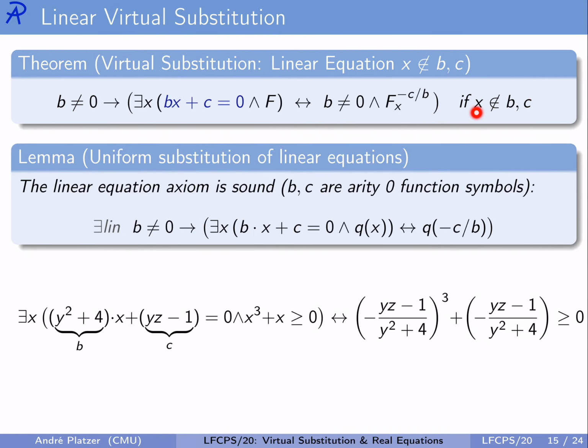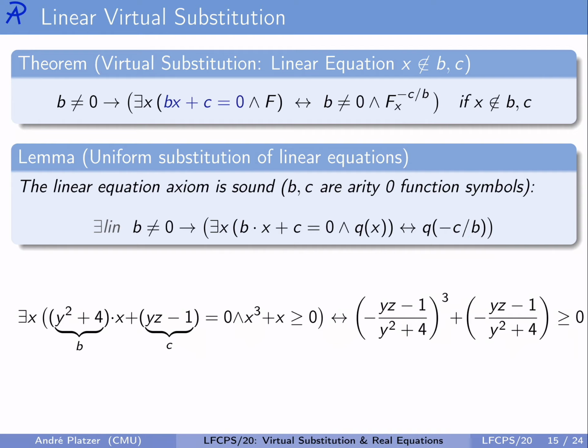The condition that the variable x that we're quantifier eliminating doesn't occur in b and c is, of course, an annoying side condition, but we can easily get rid of it in the uniform substitution formulation. Here's a uniform substitution axiom, remember chapter 18, where if b and c are arity 0 function symbols without arguments, then b not equals 0 does imply that there is an x such that bx plus c is 0 and q(x) is true, if and only if q is true of the one unique solution that we've got, minus c over b, which is well defined because of this assumption.